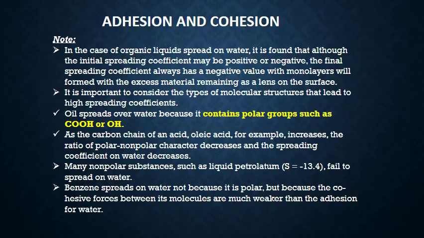If you still remember the rule of like dissolves like, this polar group can increase the adhesion between oil and water. And as the carbon chain of the acid, oleic acid for example, increases, the ratio of non-polar to polar character decreases and the spreading coefficient on water decreases.